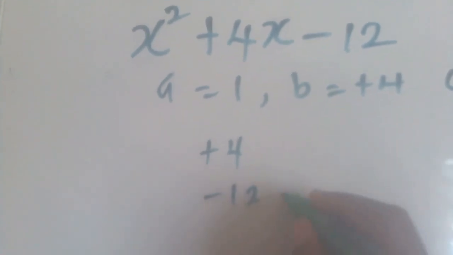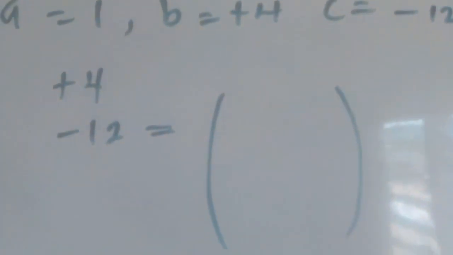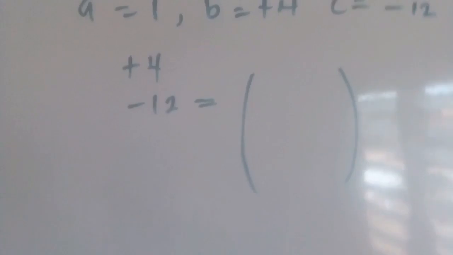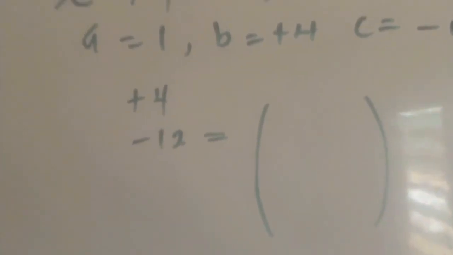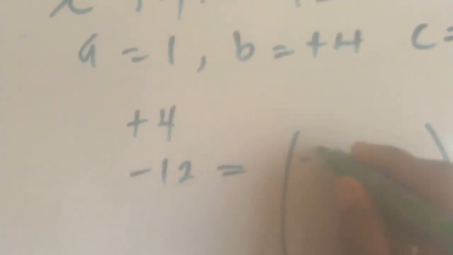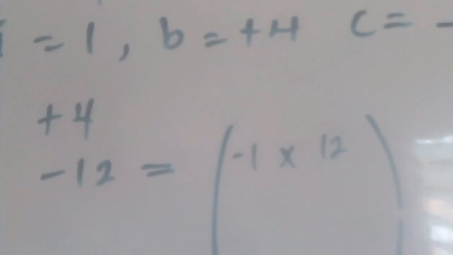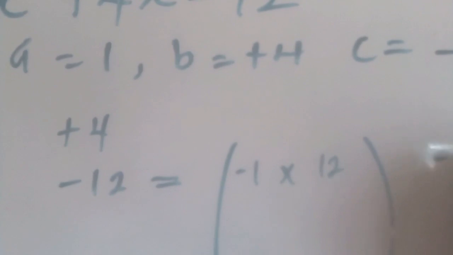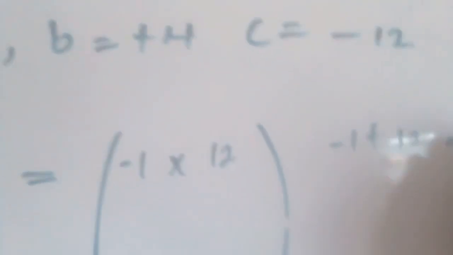So in this case, we are looking for two numbers that we multiply to give us minus 12, and they add up to be plus 4. So first one, we have minus 1 times 12. So minus 1 plus 12 will give us 11.